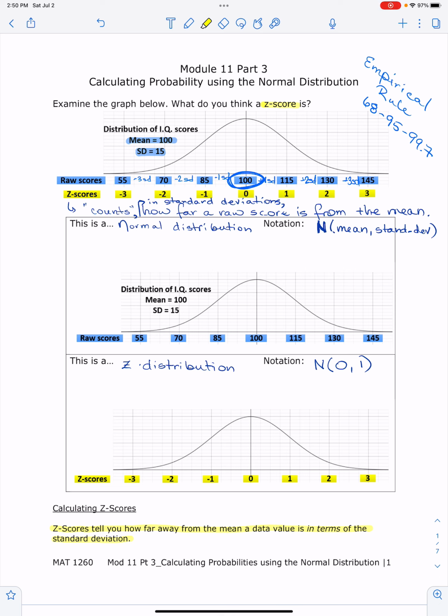So we are counting standard deviations. 1, 2, 2.1, 2.15. It gives us a way to place something on our curve without it having to fall at exactly 1 or -1 standard deviations.